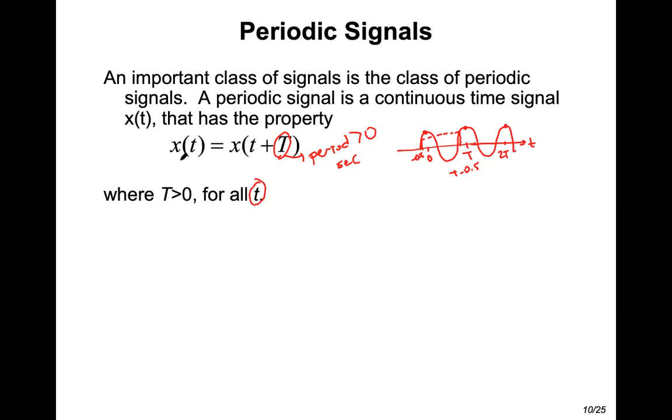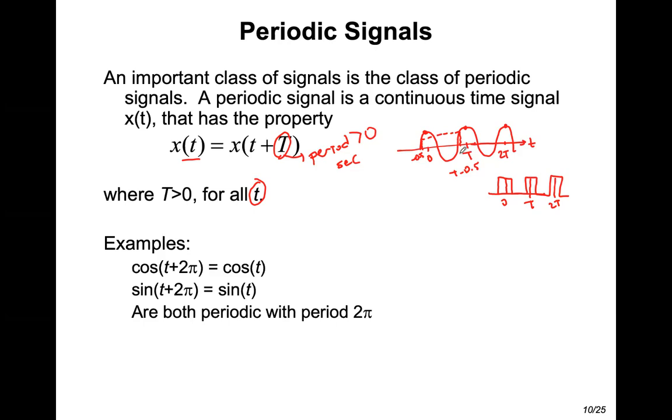This has to be true for all t values. For example, a square wave like that is a periodic signal. So this is 0, this is t, this is 2t. For all t values, there is a repetition. So periodic signals, at every time instant, repeat themselves after t seconds.